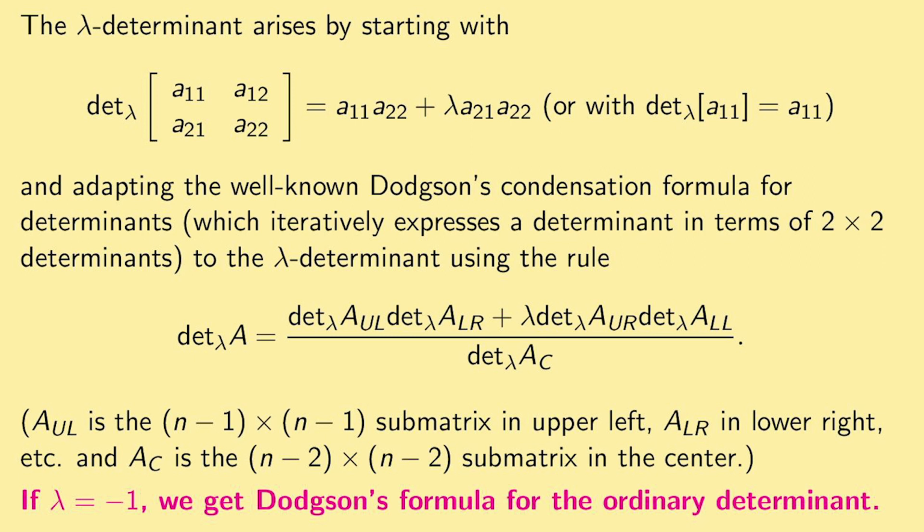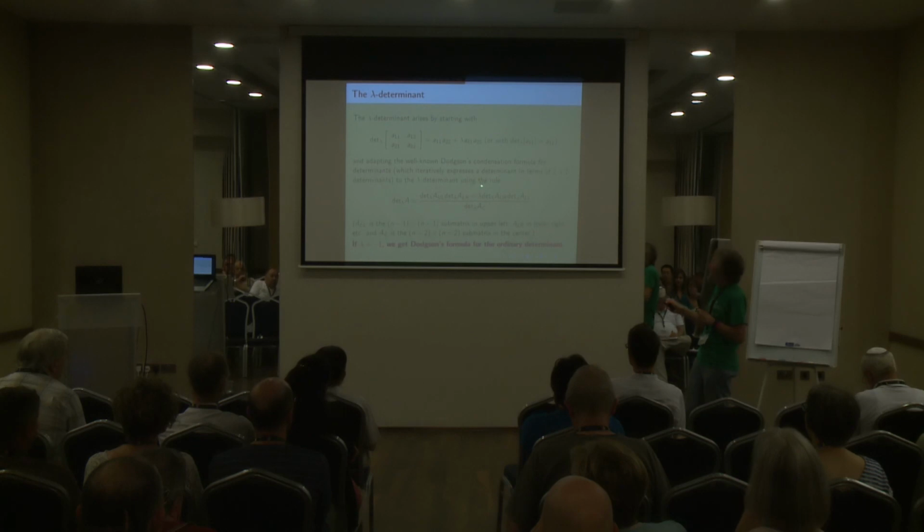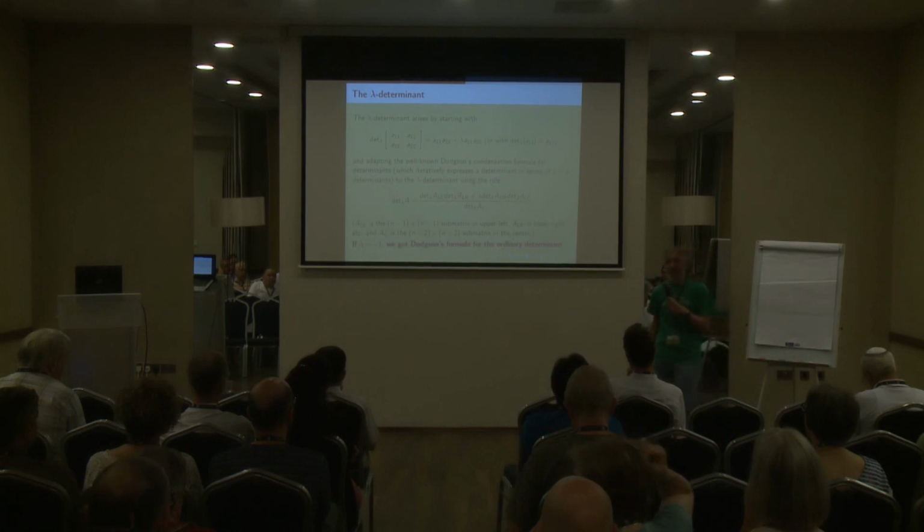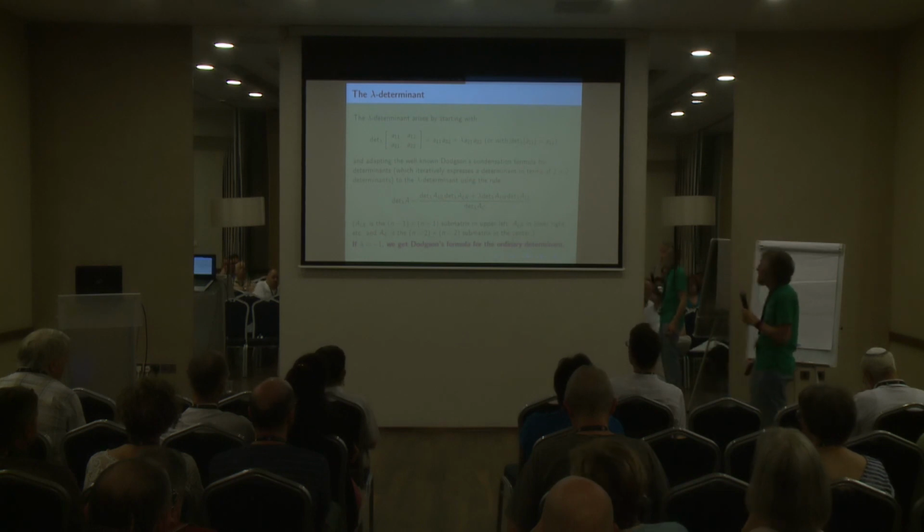Think of that as a 2 by 2 matrix, okay, like so. And take the determinants there, okay? This would be minus 1 if it were Dodgson's formula, but I'm going to put in a lambda there. And then you have to divide by the determinant of that n minus 2 by n minus 2 in the middle. Okay, like so. And if you iterate this, you'll reduce everything to 2 by 2 matrices, okay? So that's Dodgson's condensation formula.